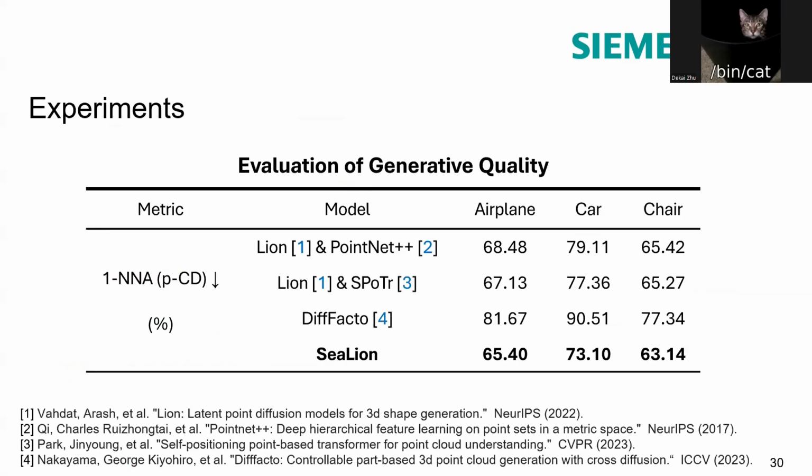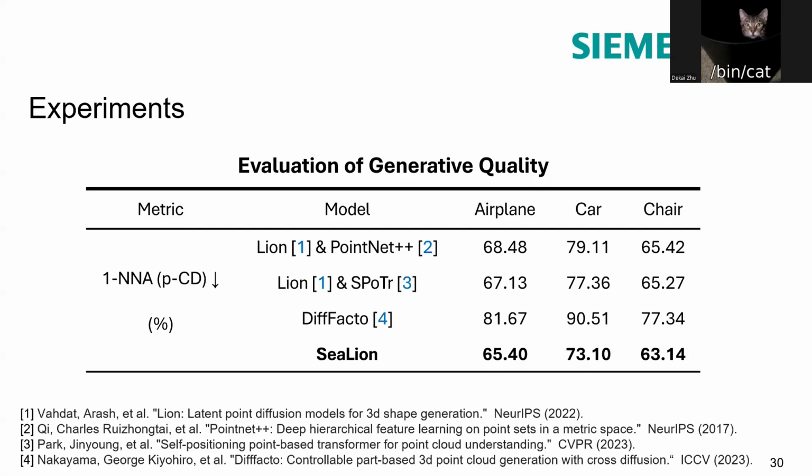Now we come to the experiment results. Here we only show the NNA result, and more experimental results can be found in the paper. There are three baselines in this table. The third row is the previously mentioned detector, while the first two rows use a two-step method to generate the labeled point cloud.